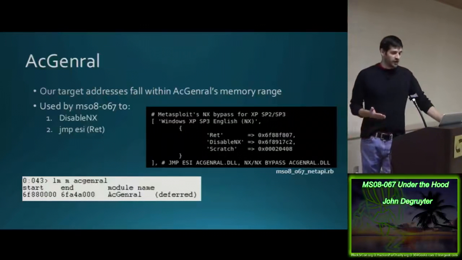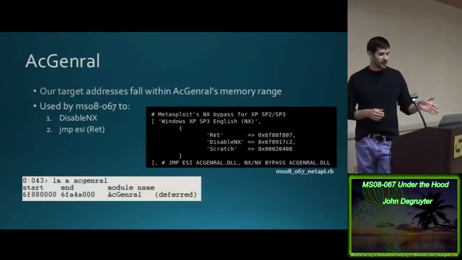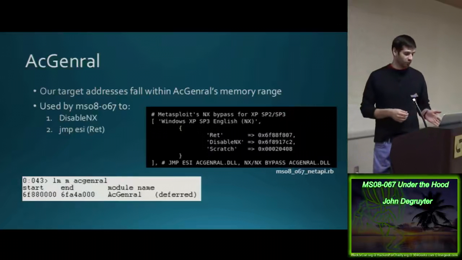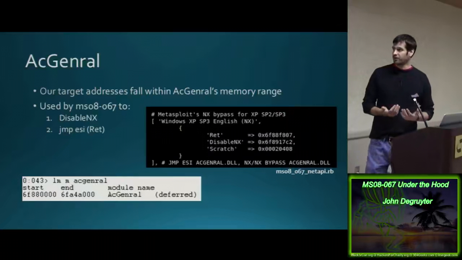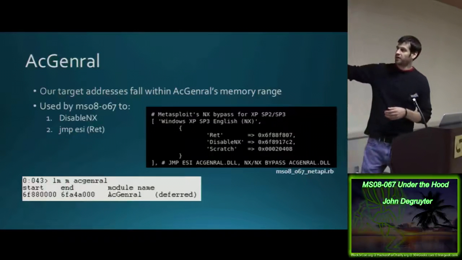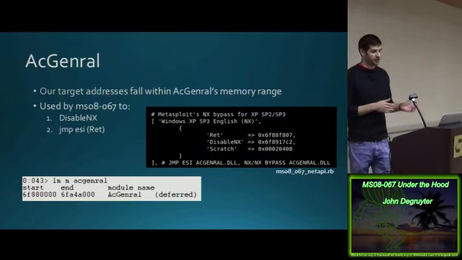So if you look at the AC General module with LM M AC General, it's a DLL that's loaded, and the start address is 6F880000, end address 6FA4A000. Something that's interesting that kind of confirms where we're at is that the RET and disable NX addresses in our target fall within that address range.